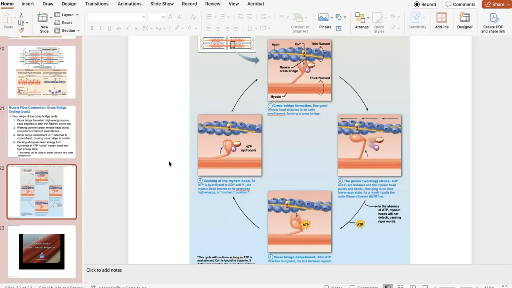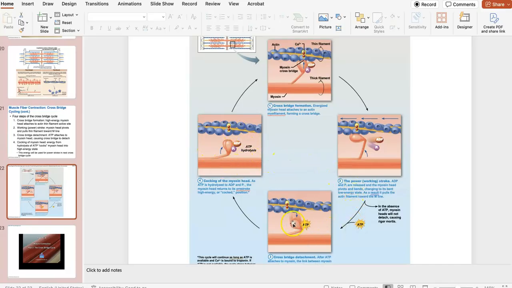Now, there's three big reasons we need ATP, so make sure you write this down because this is very, very testable material. So number one, right here, to energize the myosin head. Without the hydrolysis of ATP, there's no energized myosin head, and with no energized myosin head, we don't get a cross bridge. With no cross bridge, there's no contraction. So that's number one, to energize the myosin head.